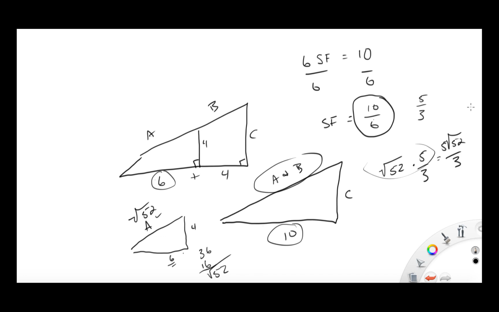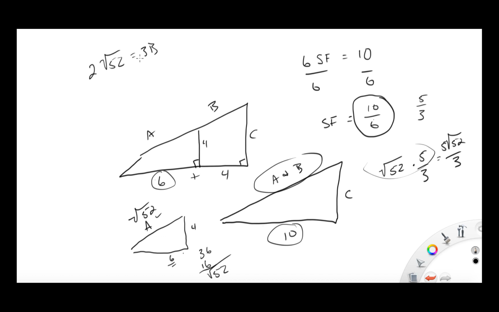And then we also note that this B is also going to be multiplied by 3 as well. So when that happens, we have 2 times the square root of 52 equals 3B.